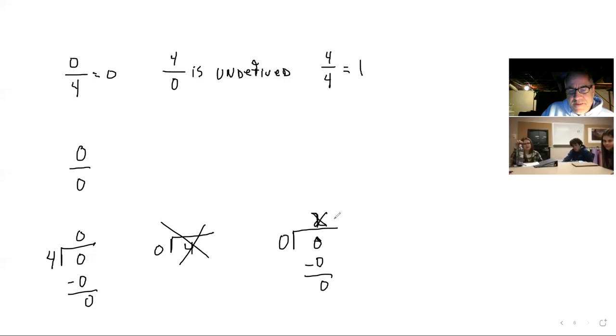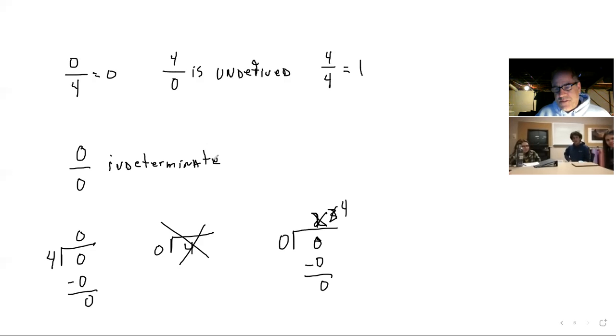Could I put a 3 here? Yeah. Okay, I can put any number I want. So what this is called, it's not undefined, it's not 0, it's not 1. It is referred to as an indeterminate. I can't determine what it is. Again, you will see that in a calculus course. Once you have derivatives, you'll take limits. And I'm not going to get into what that means right this second, but you come up with 0/0, and then there's still a way to figure out what the limit is using what's called L'Hopital's rule.